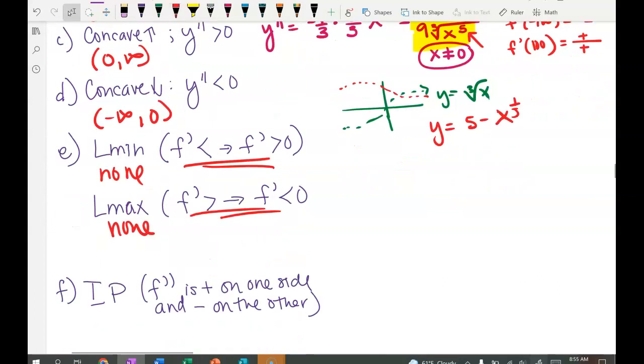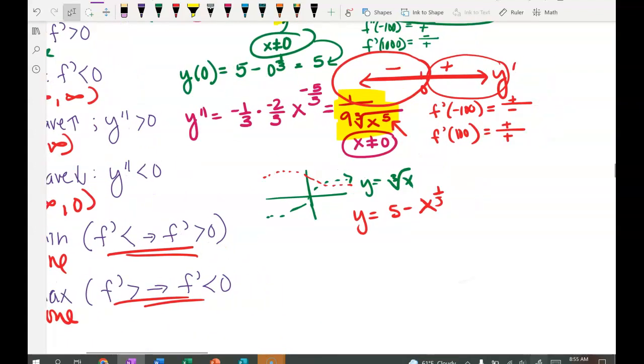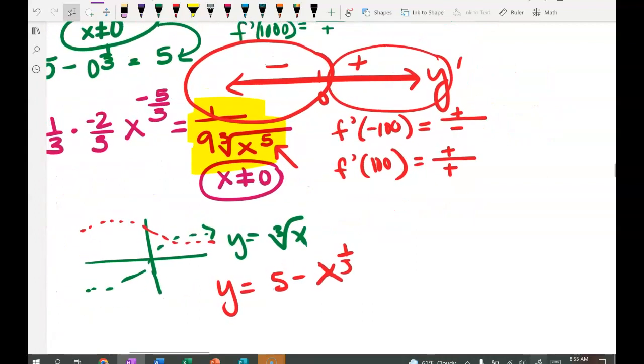And then the last one: the second derivative will give us the inflection point if there is a change from positive to negative or vice versa. And we do have a change, from a negative second derivative to a positive second derivative.